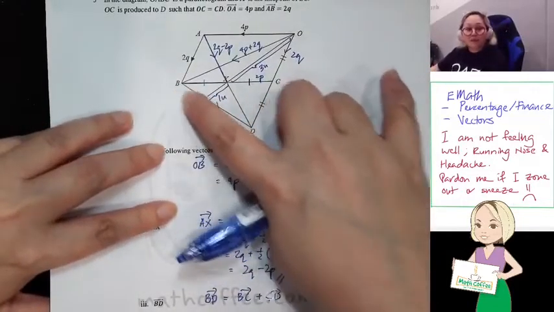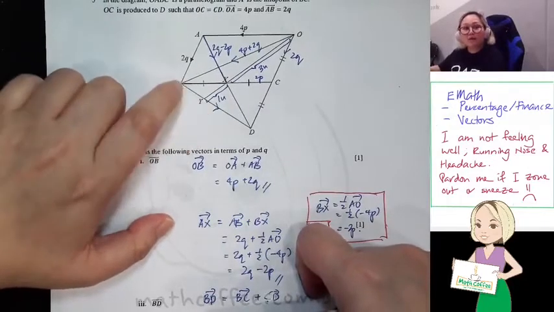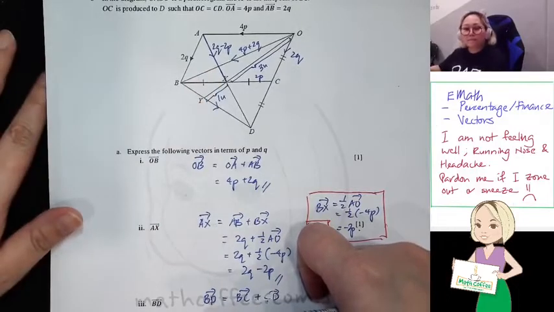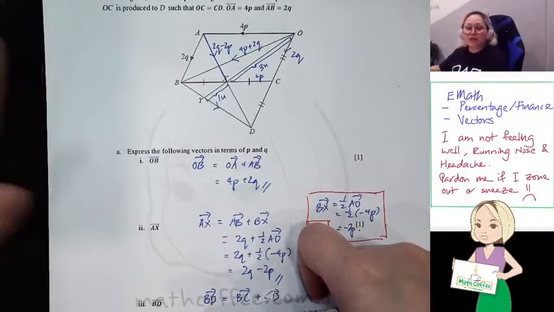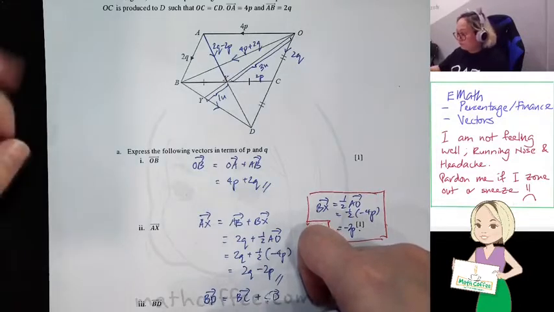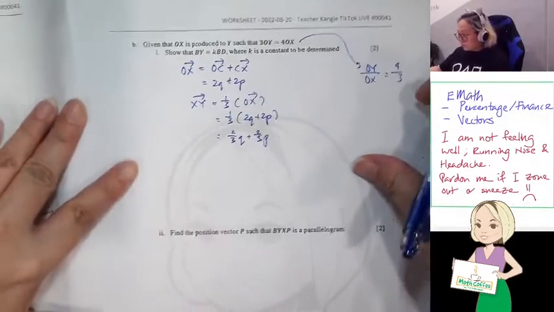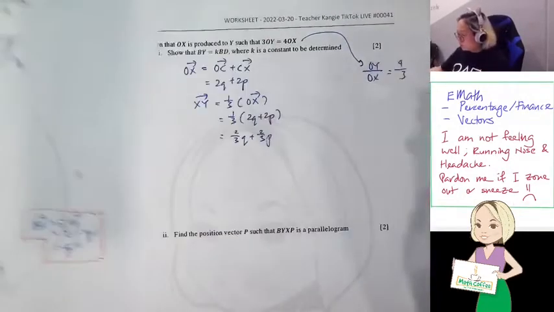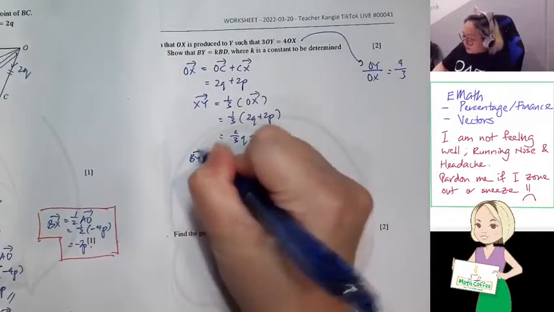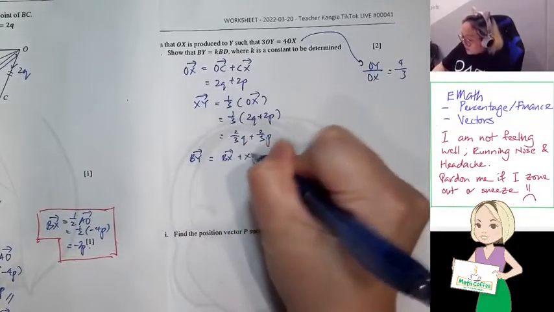So I want to find my BY, right? My shortcut is B walking to Y. The long cut will be B walking to X, then X walking to Y. I'm using the addition rule. So to find BY, I need to take BX plus XY.